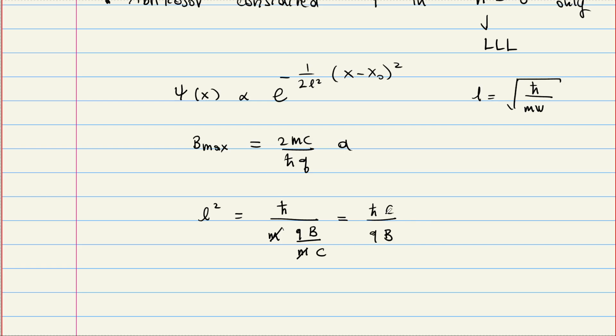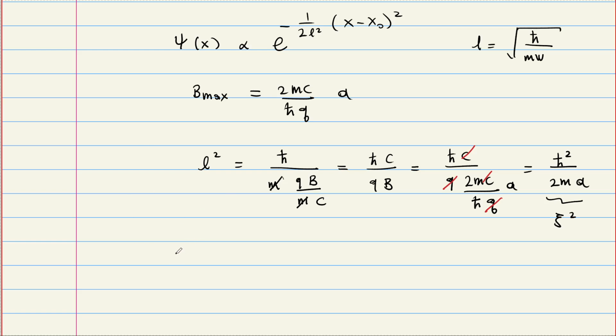Now I'm going to write this B max here, so this is h bar c over q times 2mc over h bar q times A, and cancel c's, cancel this, and you can see this is going to give us h bar squared over 2mA, and this is exactly our coherence length squared, right? Then the harmonic oscillator length becomes the superconducting coherence length in that region.